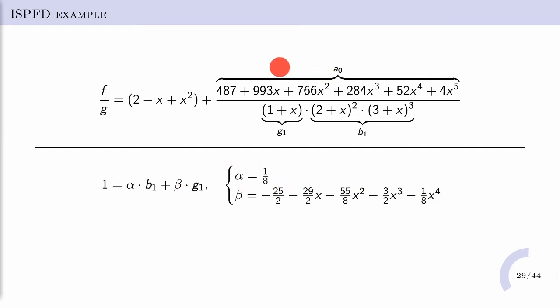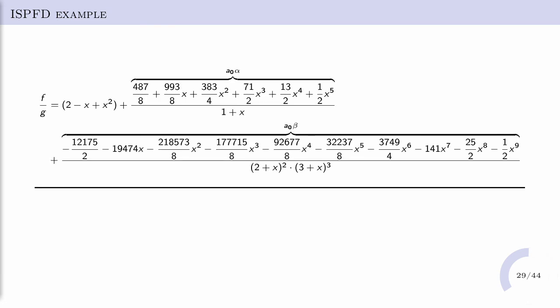Now we replace the numerator by a0 times 1, and we replace this 1 by this formula, and we split this fraction into a sum of two fractions, a0 times alpha and a0 times beta. These are again improper fractions. The numerators have greater degrees than the denominators, so we compute the quotients and the remainders.